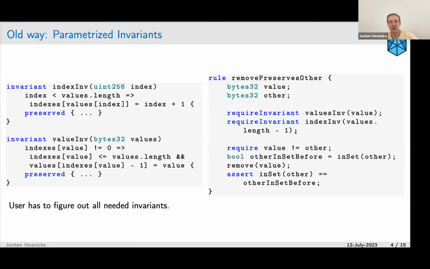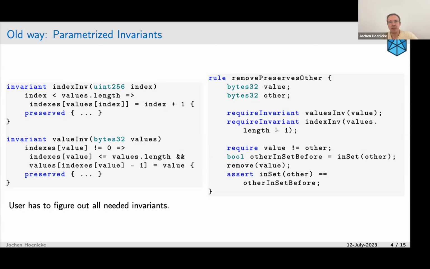To understand this, you need to know how remove works. It works by moving the last element to the position of the deleted element, so that the array will not have any gaps in between. And therefore, it also needs an index invariant for values length -1. This is something you have to find out, that you need to add this index invariant.